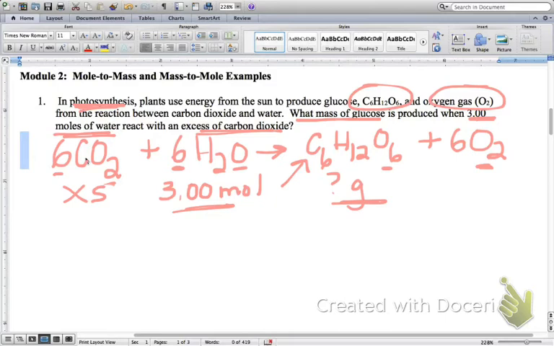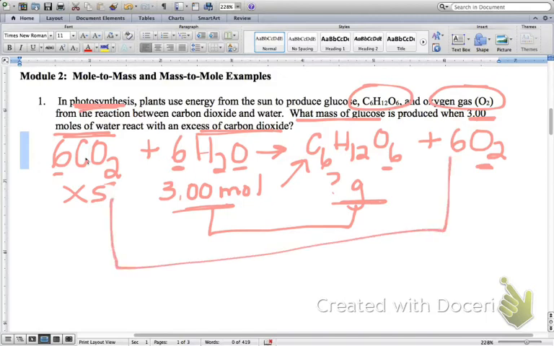Anytime I want to move from one substance to another, it doesn't matter whether I'm moving from reactant to product, or from a product to a reactant, or from a reactant to a reactant, or a product to a product.